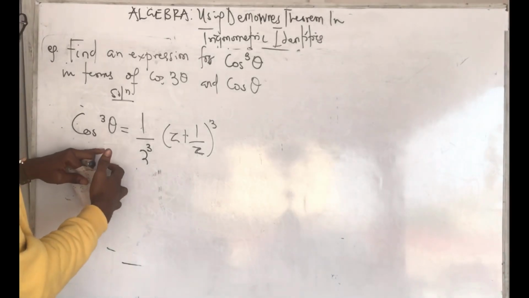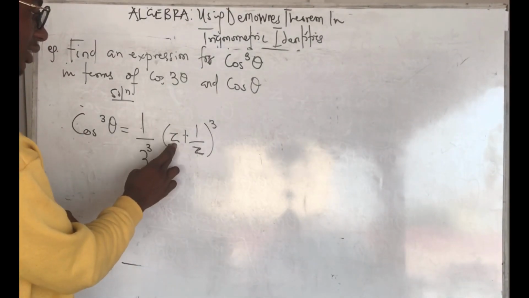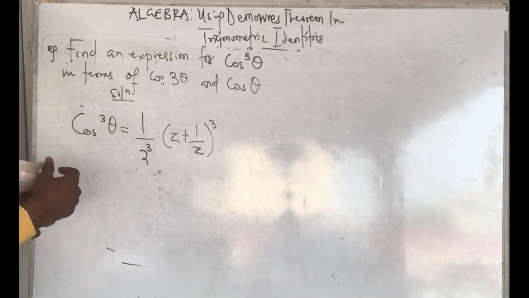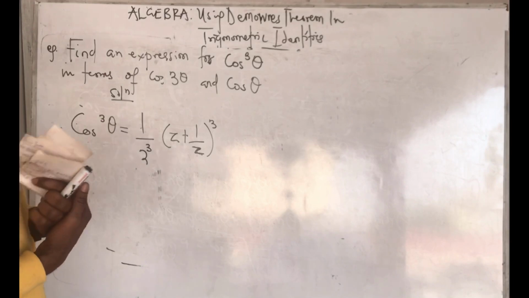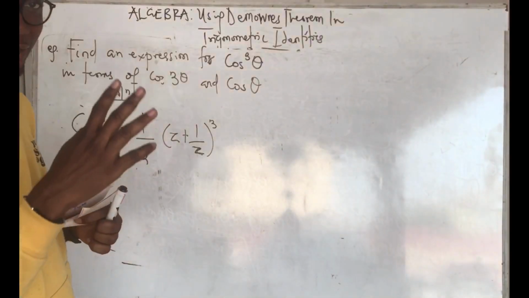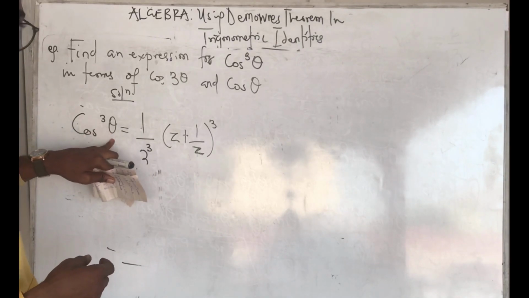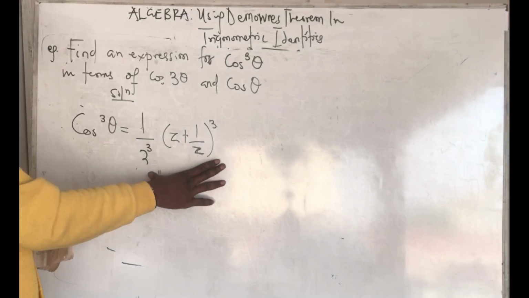This expression is very simple. It's under multiple angles. Anytime you have cos cube theta, this is how you express it.